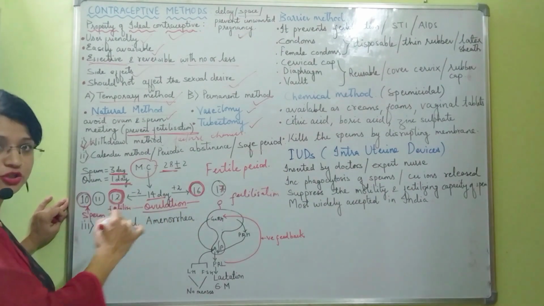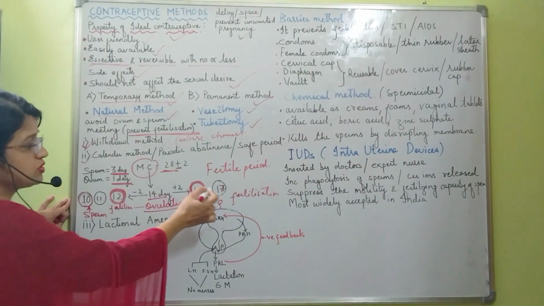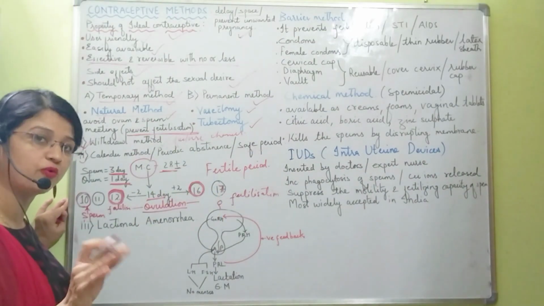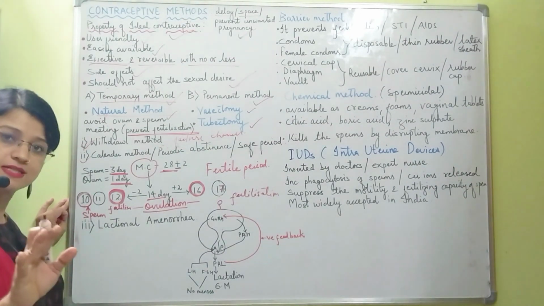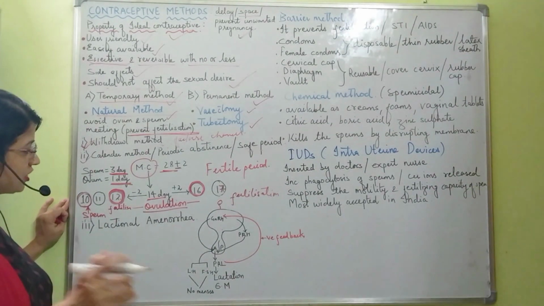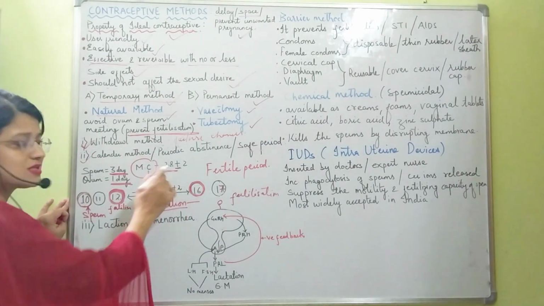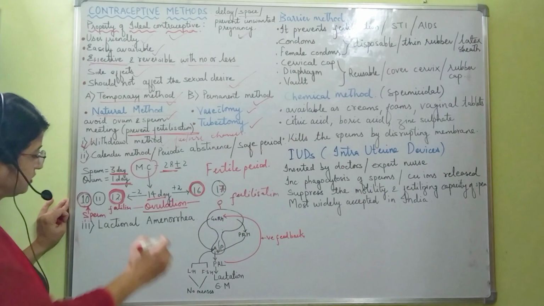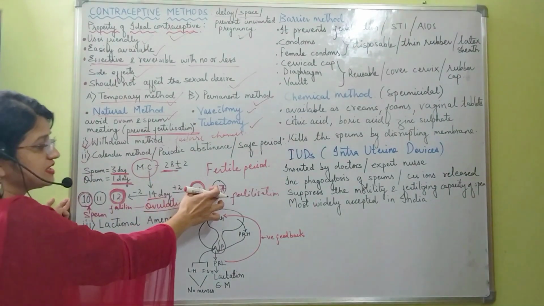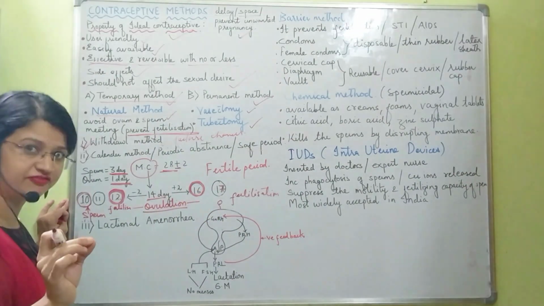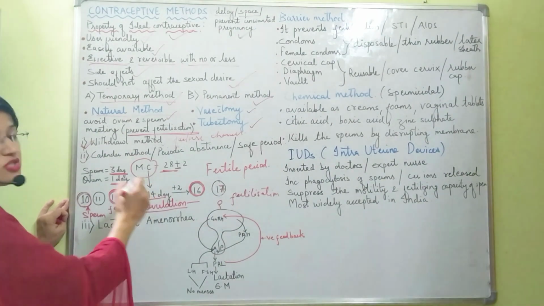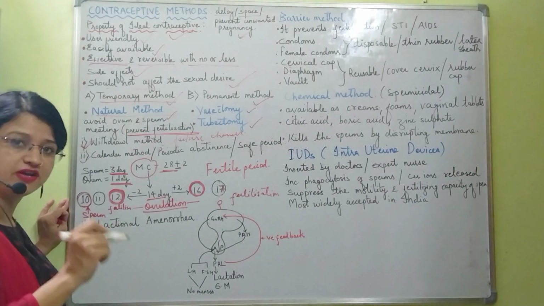It is written in your book that from the 10th to the 17th day coitus should be avoided so that no fertilization takes place. Clear? It's not necessary that fertilization will take place only on the 14th day, because the cycle varies a little. So from the 10th day to the 17th day is very unsafe, and the chances of fertilization are very, very high.